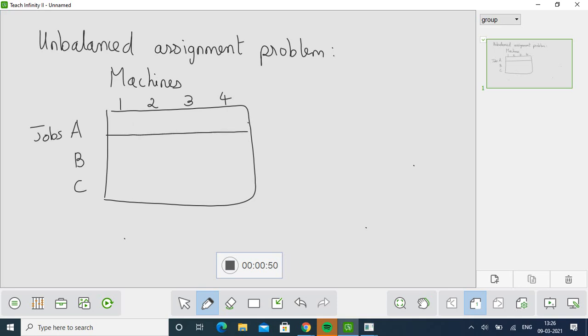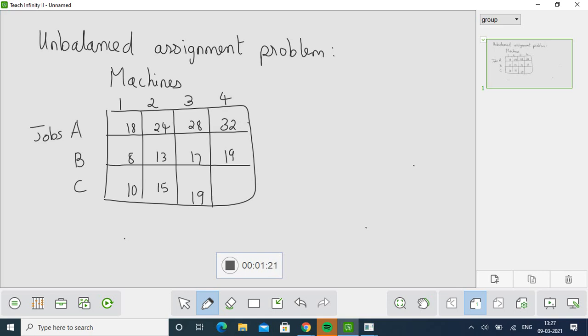Depending on this, the table entries given in the problem are 18, 8, 10, then you have 24, then 13, then 15, then you have 28, 17, 19, then you have 32, you have 19, and then 20.